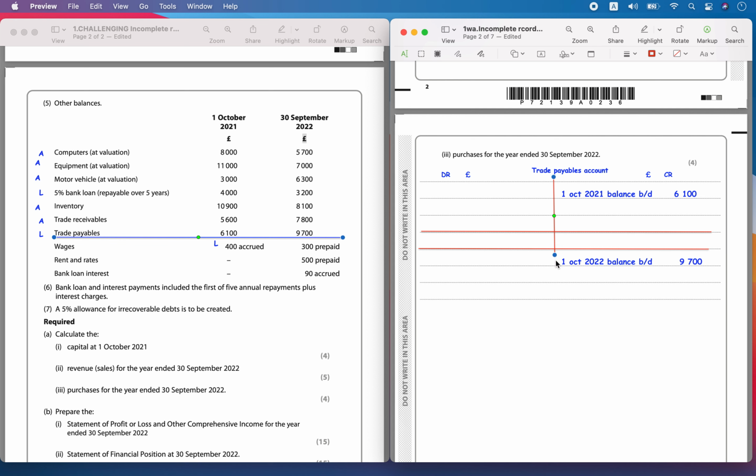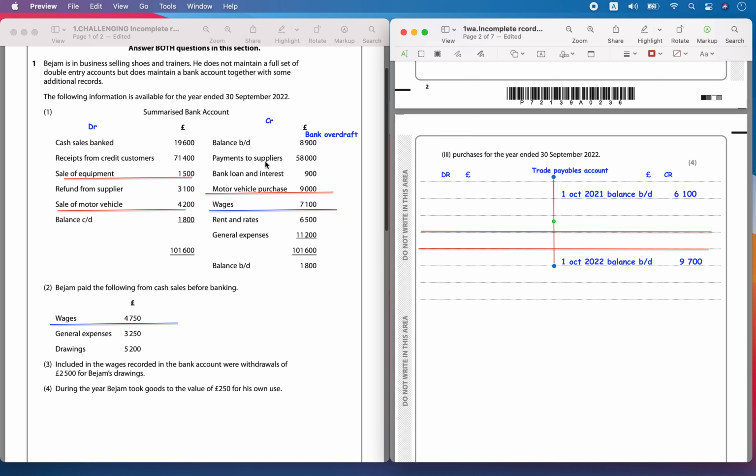Now what do we do? Was anything paid to the suppliers? Yes, some amount was paid to the suppliers through the bank. So payment to the suppliers was around 58,000. And then we also see that there has been a refund from the supplier.